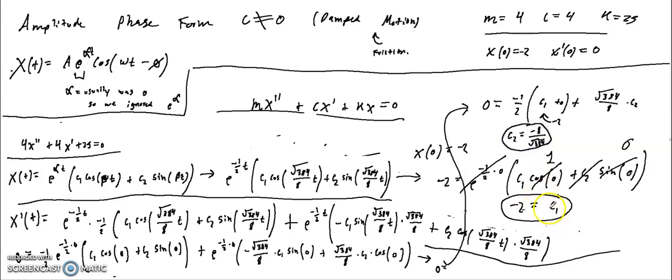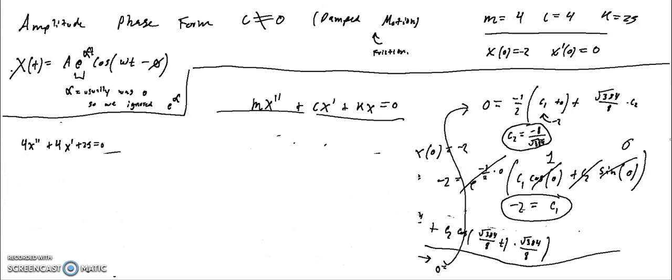So we found our constants. It was a little tough, but we did it. So now let's just find A and phi, and then we'll be done. So we have c1 equals negative 2, c2 equals negative 8 over radical 384.